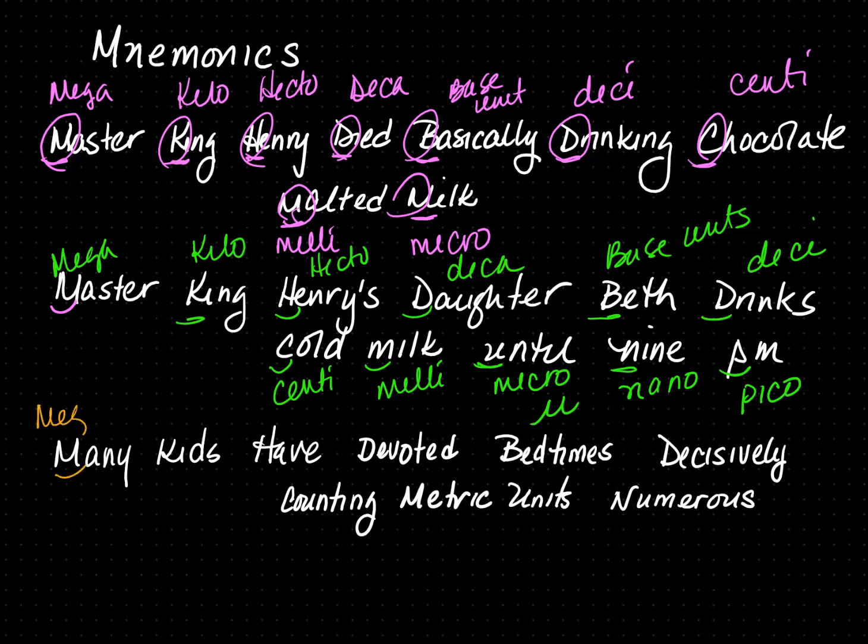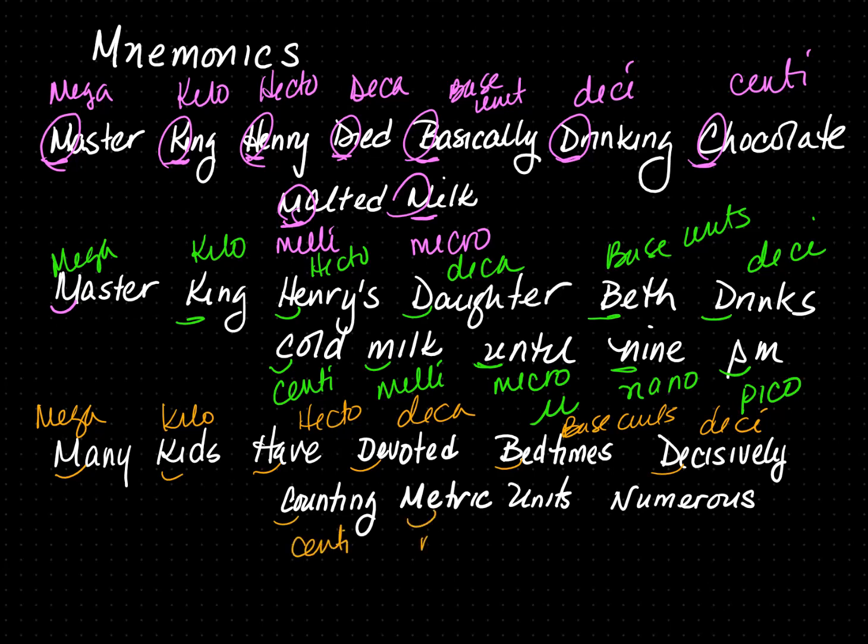M stands for mega, K still stands for kilo, H still stands for hecto, D is deca, B is base units, D is deci, C is centi, M is milli, U is micro, symbol for micro, N is nano. If these three mnemonics helped you, use them. If not, you can make one up on your own, or you could just memorize them.